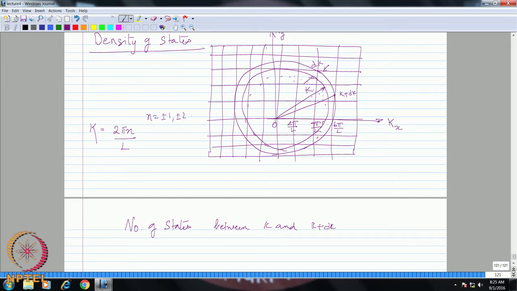We want to count how many quantum states are accommodated in this map. Okay. So, we will also define this number of states per volume of the crystal.